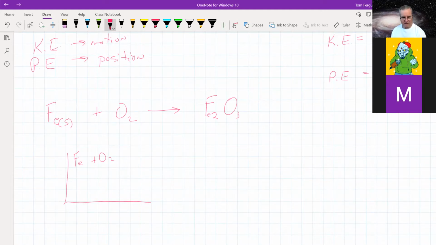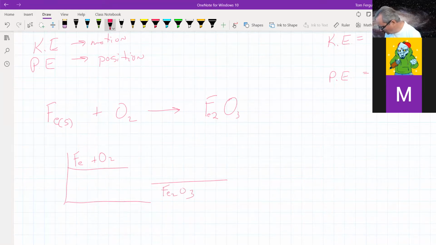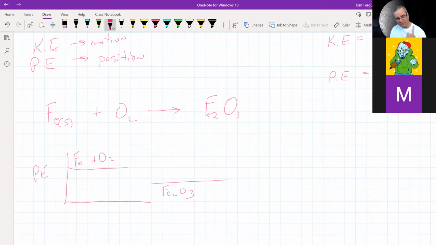Yeah, rust by itself, right? That means it happens spontaneously. So that means its potential energy is lower than bare iron and oxygen by itself. Remember, because the rust is more stable than iron by itself in oxygenated water.